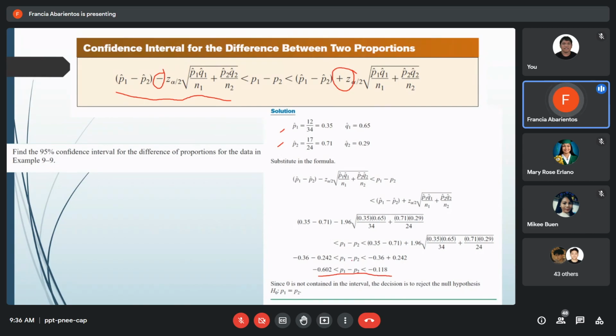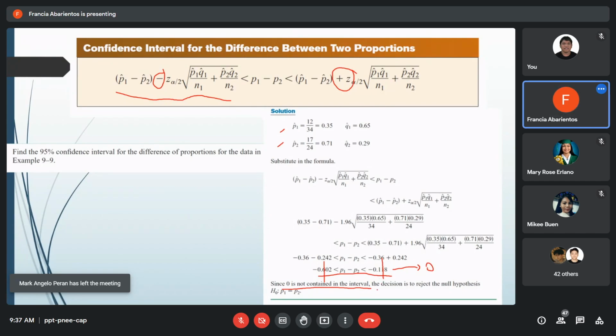Since wala naman dito, class, di ba yung assumption natin sa null hypothesis natin, that the difference between the two proportions is equal to 0. So, negative 0.62 to negative 0.08, malayo pa siya sa 0. Automatically, since 0 is not contained in the interval, yung interval natin from negative 0.62 to negative 0.0018, negative yan pareho.